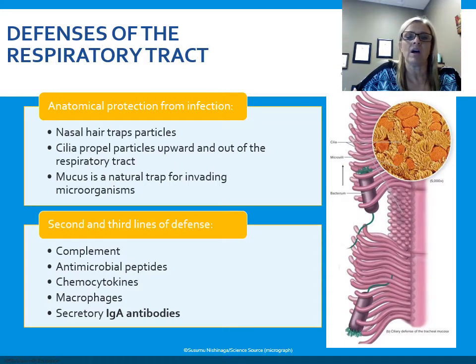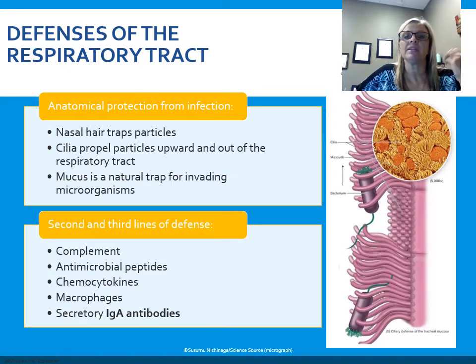So we have nasal hair, the full-on hairs that can actually trap particles. Then we have mucus. The mucus from those mucous membranes is sticky and gooey and gross, right? But it traps microorganisms very well. Once they're trapped, though, we have to get them out. The first part of that is the cilia.